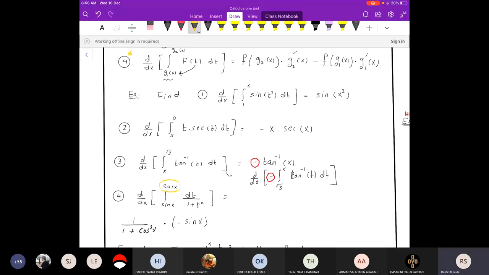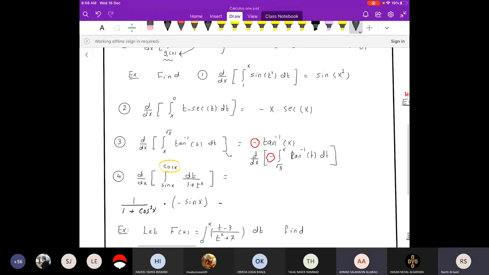Then minus: 1 over 1 plus sine square x, times the derivative of sine x.